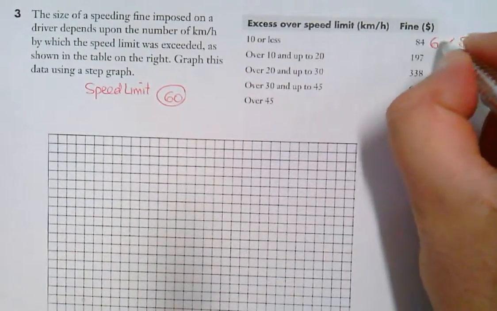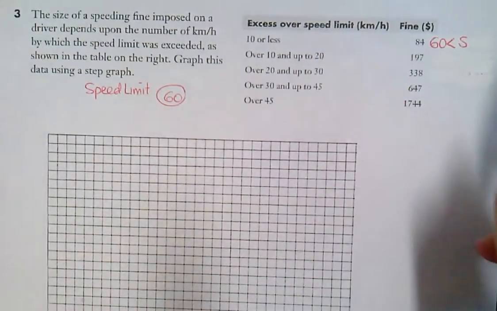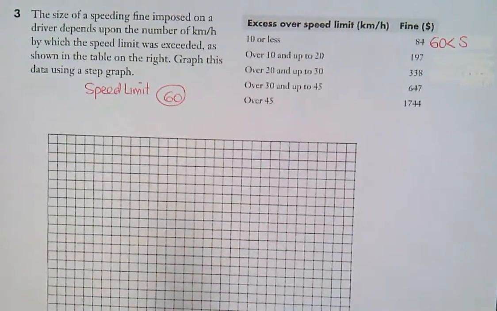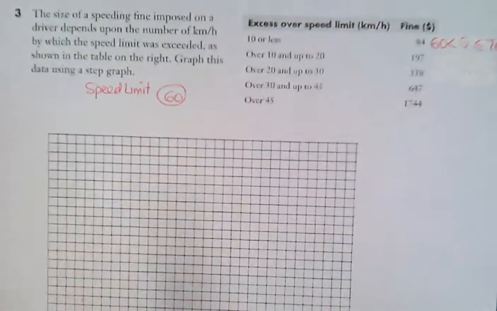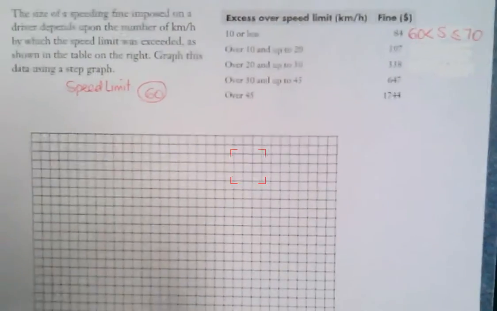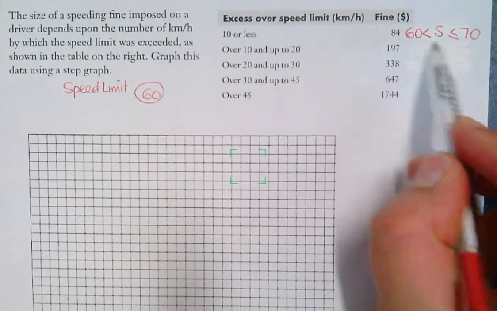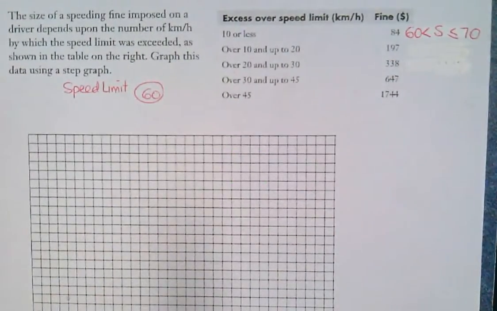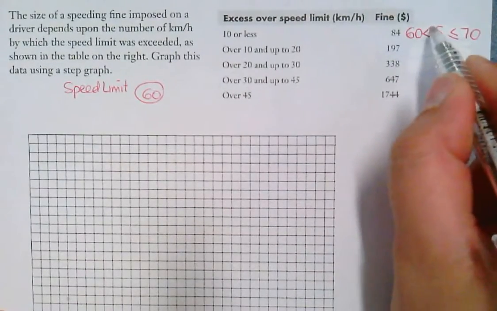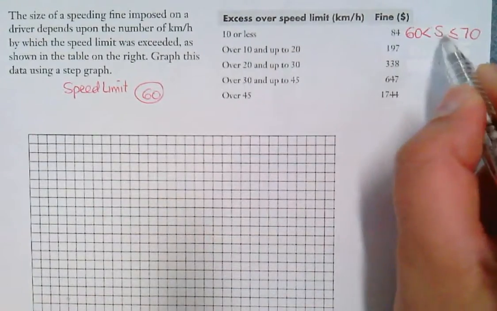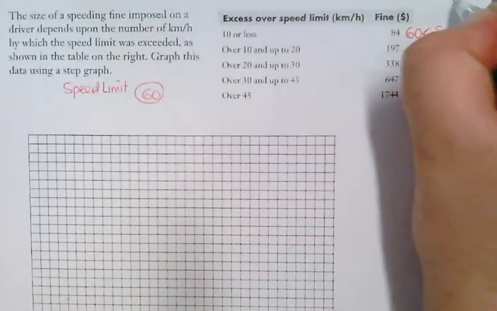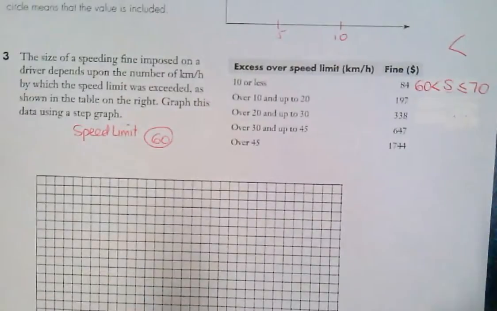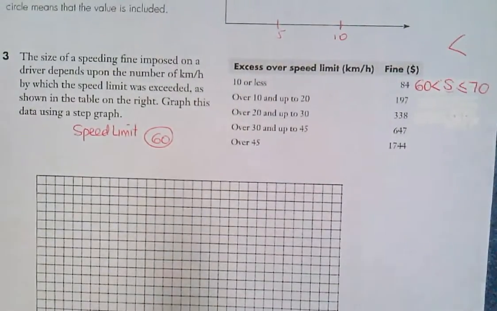If the speed is greater than 60, you know the less than and greater than symbols, but less than or equal to 70. Can you see what I've written there? So speed is open mouth facing something, so you know 60 is less than speed, but you can read it backwards. Speed, open mouth. Can you see in a less than or greater than symbol, you've got the big open side and the pointy bit?